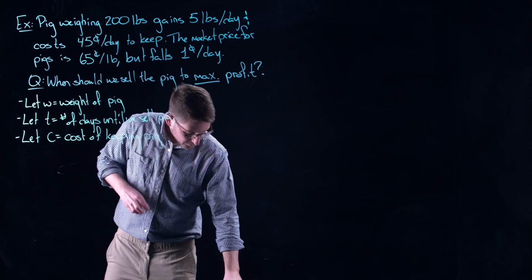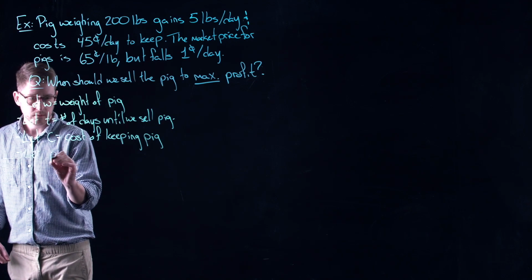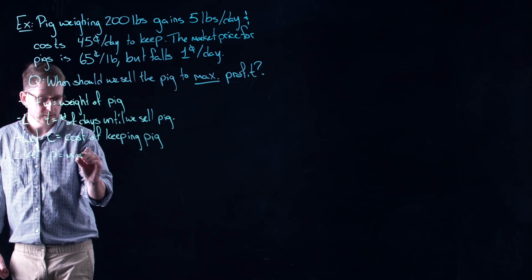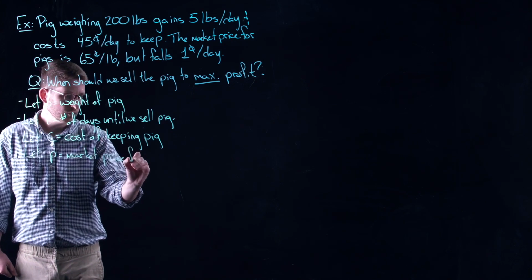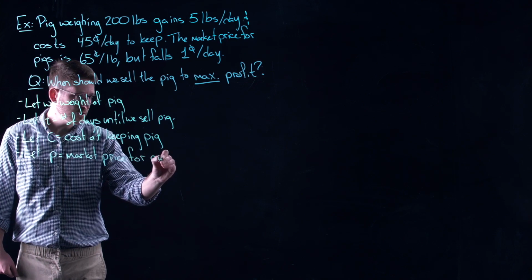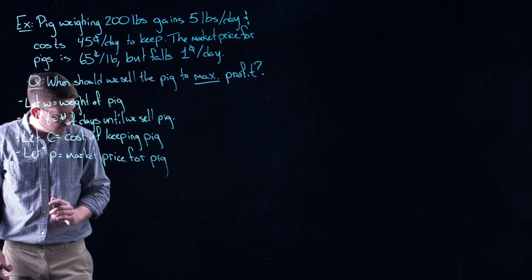And we're going to do variables for everything. Let little p equal the market price for the pig. So you can probably start to connect these things to the original word problem as we're writing them out.